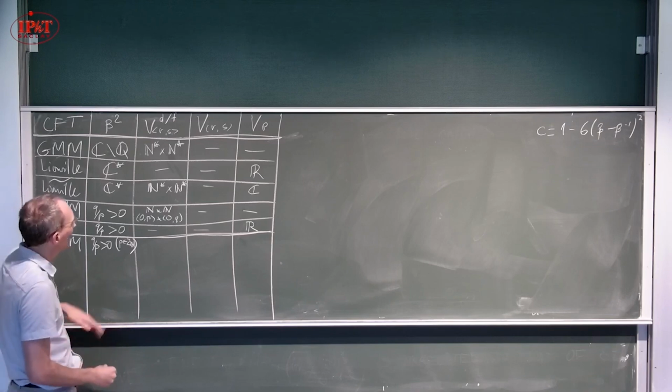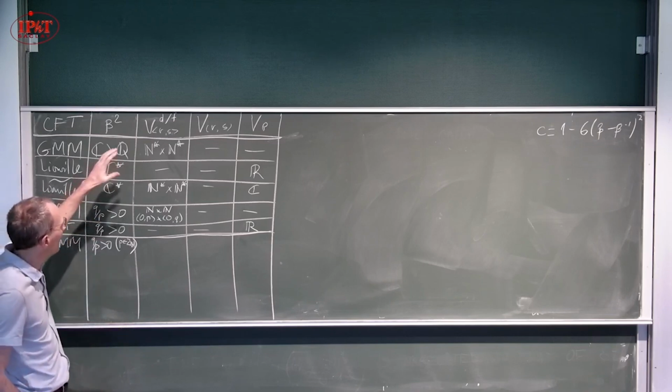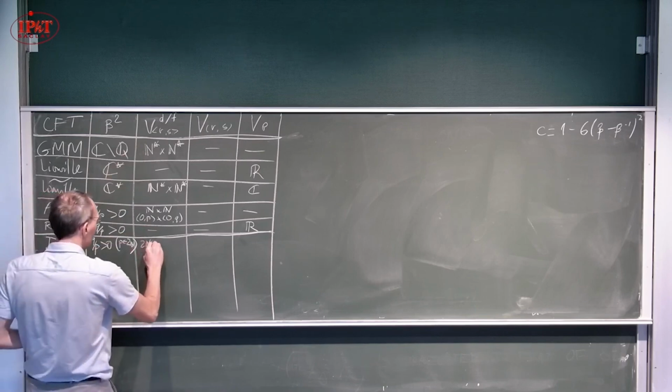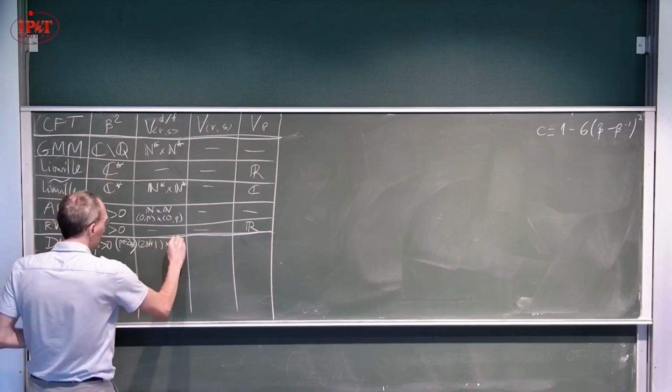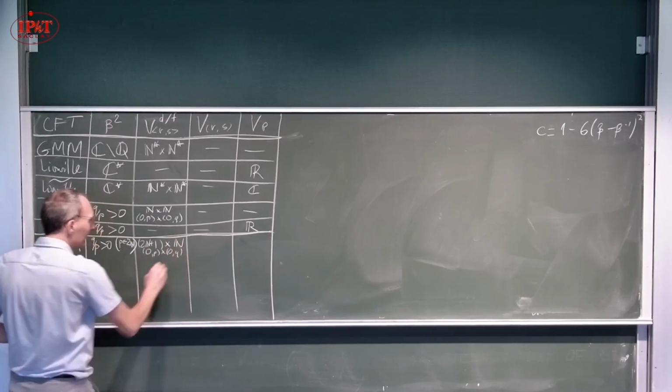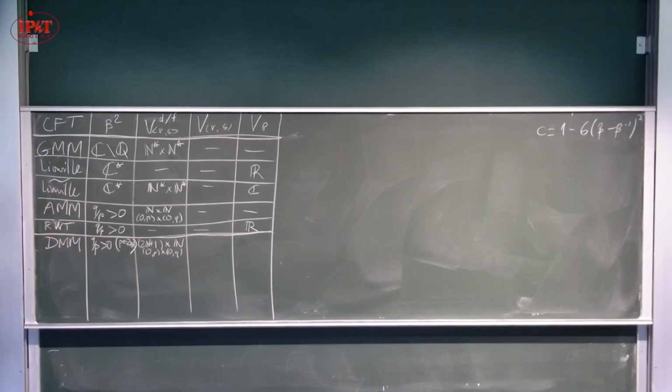Then the spectrum was made of diagonal degenerate fields, except that the first index was odd. So they are still in the Kac table, but not the whole Kac table, basically half of it.